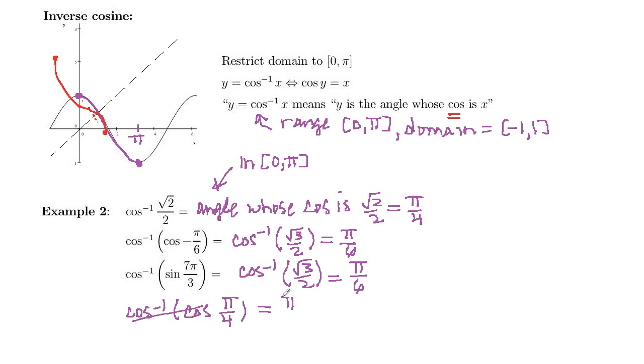You just get your pi over 4 back again. So inverse cosine of cosine of x is equal to x if 0 is less than or equal to x, which is less than or equal to pi.